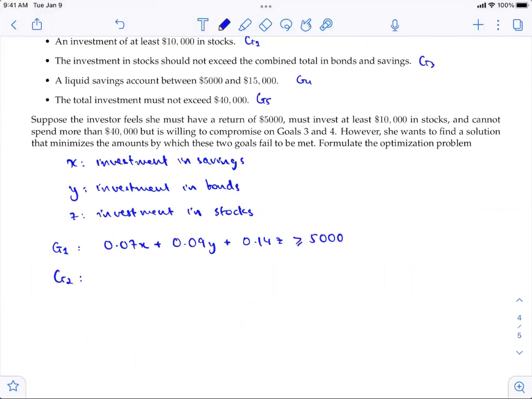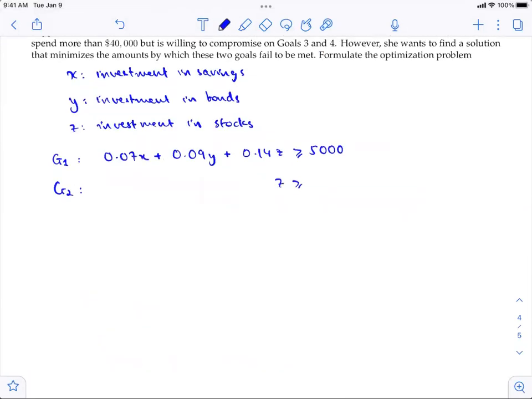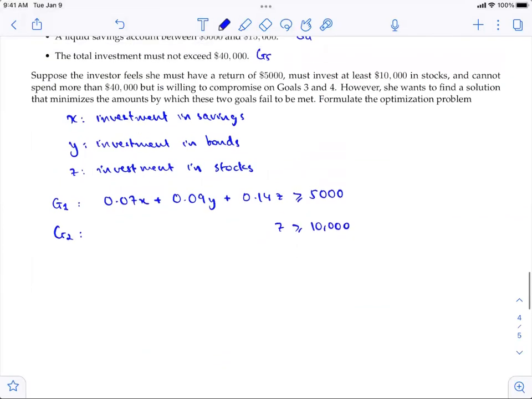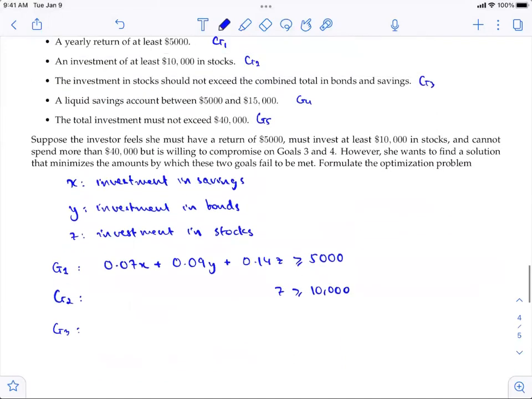Now goal 2, the second goal is that the investment of at least $10,000 in stock. So Z has to be greater than or equal to 10,000. Goal 3 is that the investment in stock should not exceed the combined total in bonds and saving. So Z has to be less than or equal to the combined total of bonds and saving.